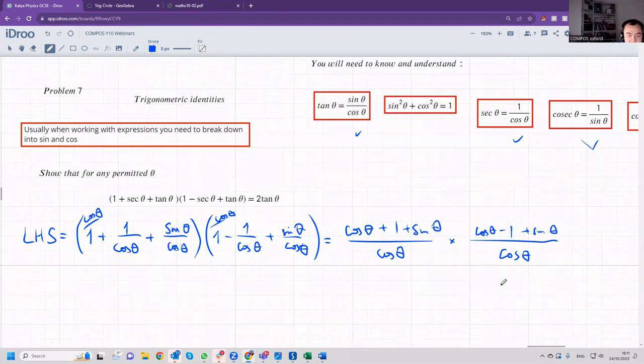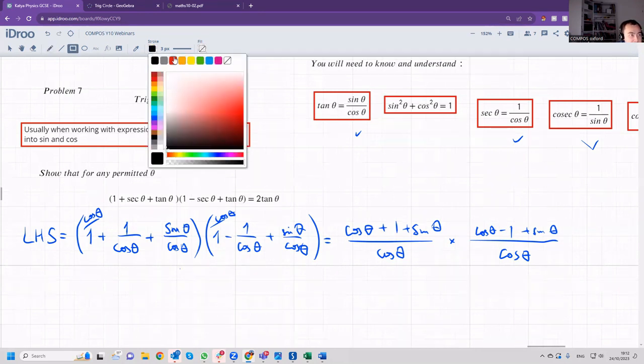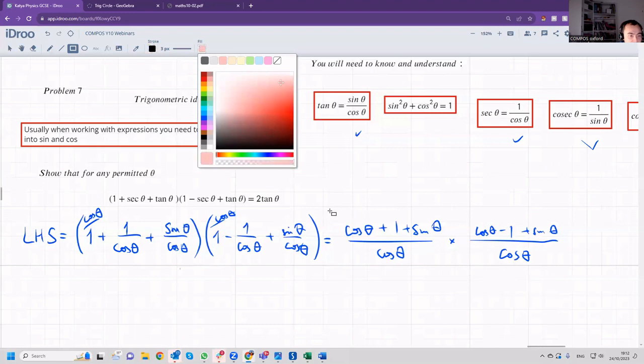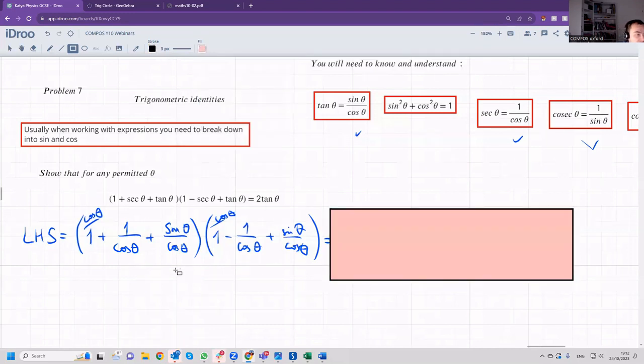Does everyone understand what I did? On a scale of 0 to 10, please. I found the common denominator. Let me repeat my question: do you understand what I did here?